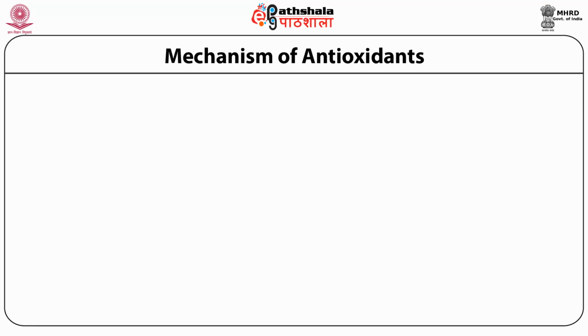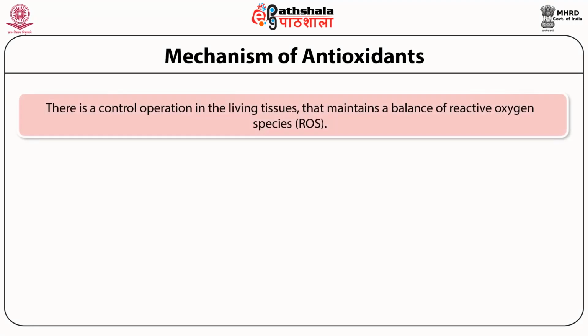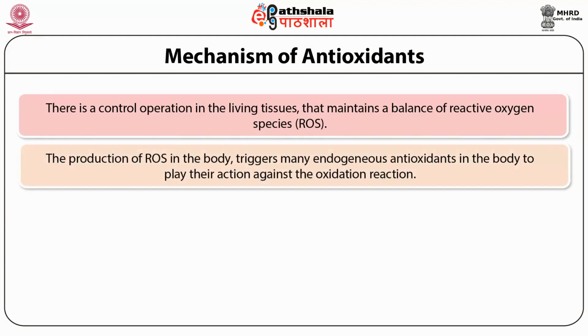Now we discuss the mechanism of action of antioxidants. There is a control operation in the living tissues that maintains a balance of the reactive oxygen species or ROS in the body. The production of ROS in the body triggers many endogenous antioxidants in the body to play their action against the oxidation reaction.